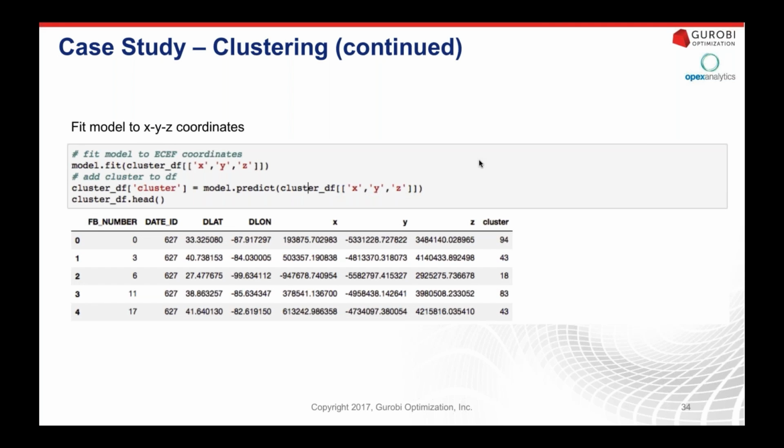Okay, with all of that, now we're going to use this model to fit and then assign our points to clusters. In the first two lines here, you see a model.fit and a model.predict. These are two common methods that nearly every modeling object in scikit-learn will have. The fit method tunes the model to the data set that we pass it, in this case our X, Y, Z coordinates.